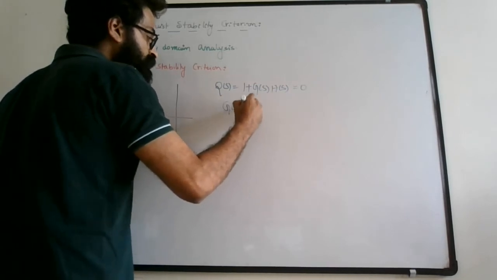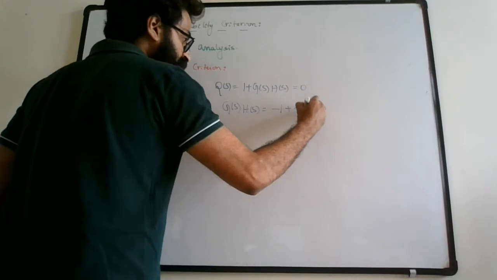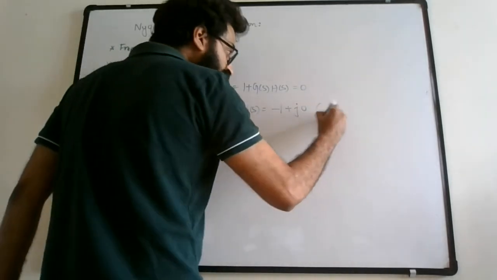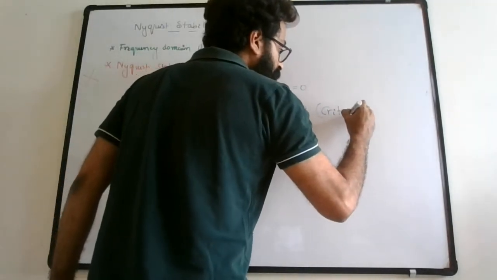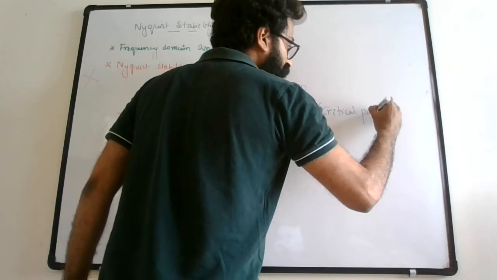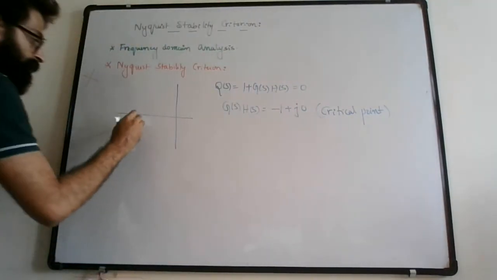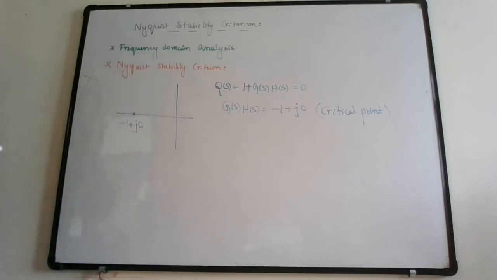Our open loop transfer function G of S into H of S can then be written as minus 1 plus J0. So in Nyquist, this minus 1 plus J0 is called the critical point.